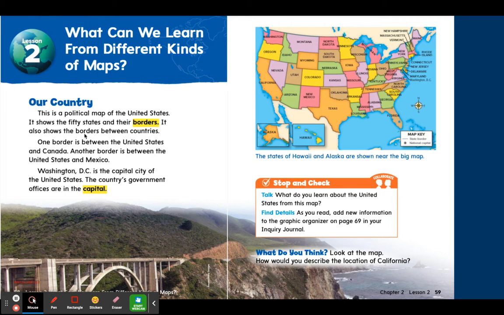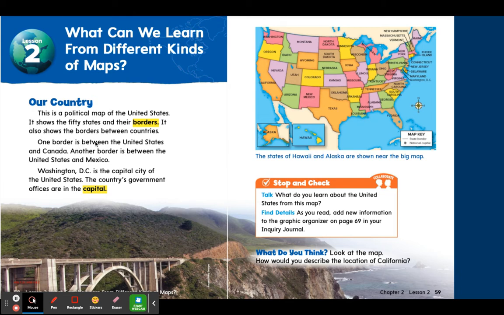Okay, so let's go ahead, follow along, and then you're going to go ahead and answer some questions at the end of the lesson. Our country. This is a political map of the United States. This one right here. It shows 50 states and their borders. It also shows the borders between countries.